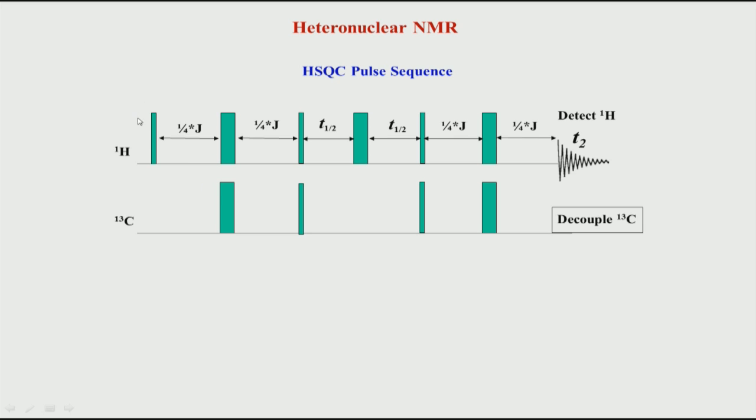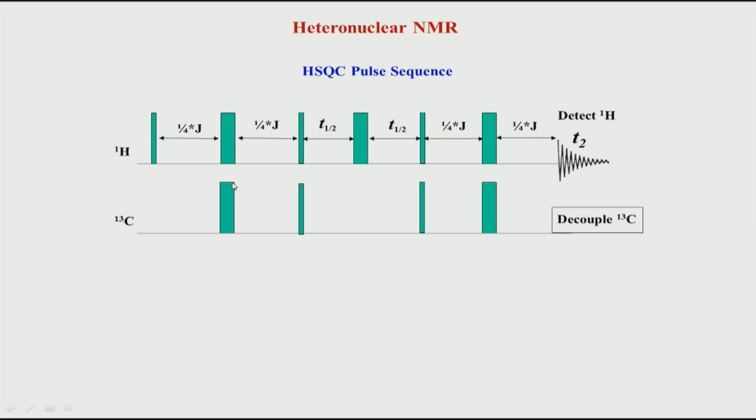Here, this narrow rectangle is a 90-degree pulse. Everywhere you see this, it is a 90-degree pulse, whereas this fat rectangle is called a 180-degree pulse. This 90 and 180, you remember, is the flip angle, the angle by which the magnetization rotates, from z axis to y, and this is from z to minus z.